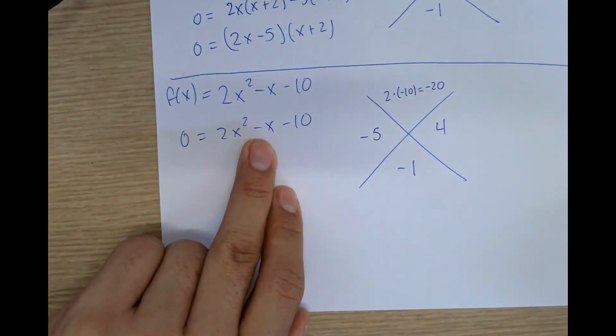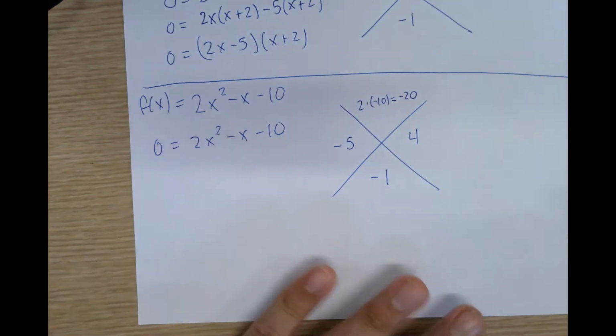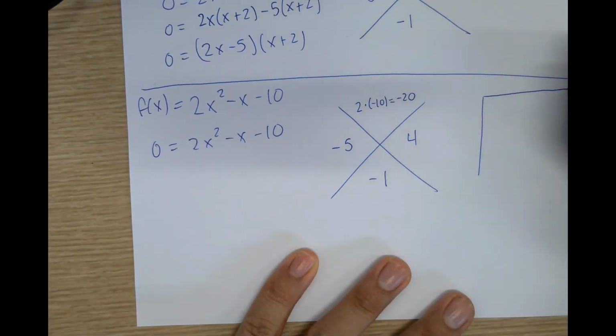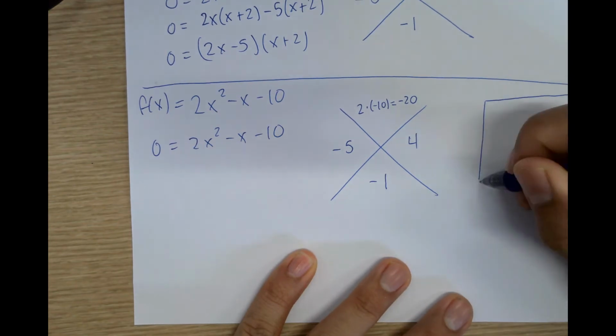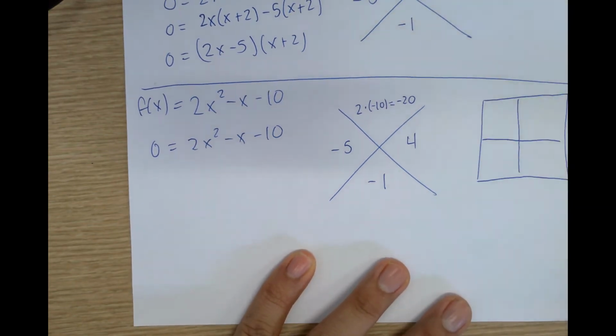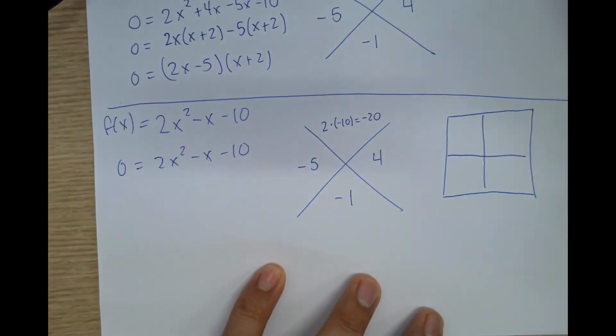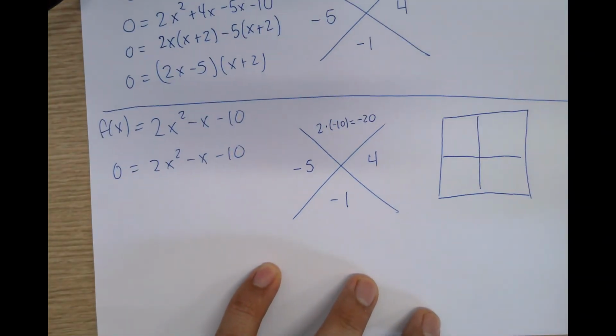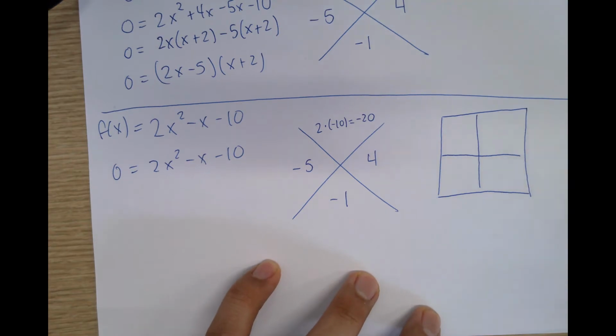But this time, this method is called the X-box method because we're going to draw a box. If you took biology and you are familiar with Punnett squares, this is the same thing. Just as information, this method is actually combining the last one we did with the first method, the first method being using shapes.